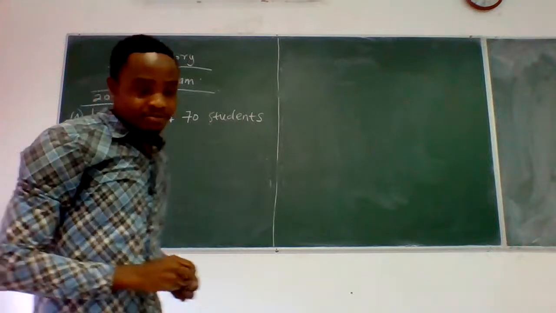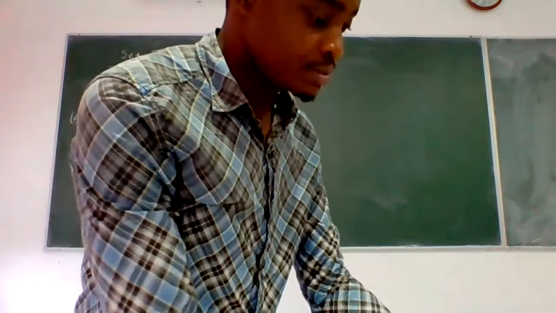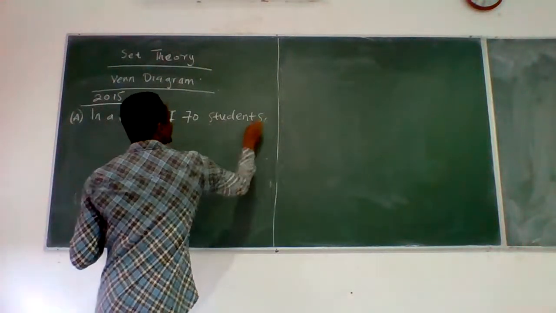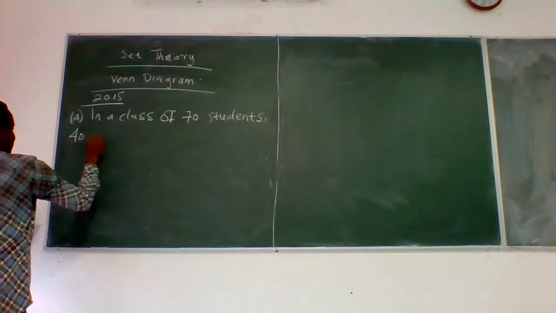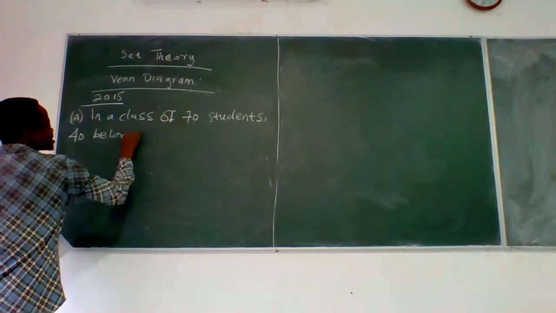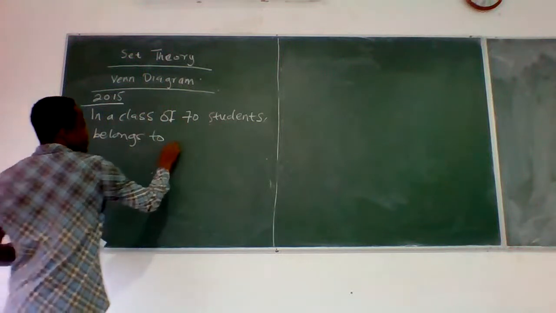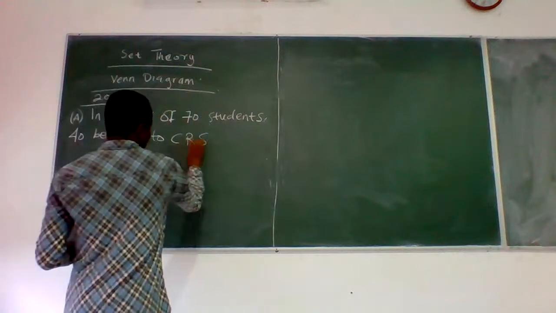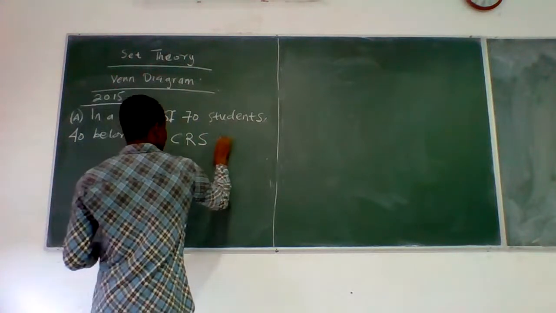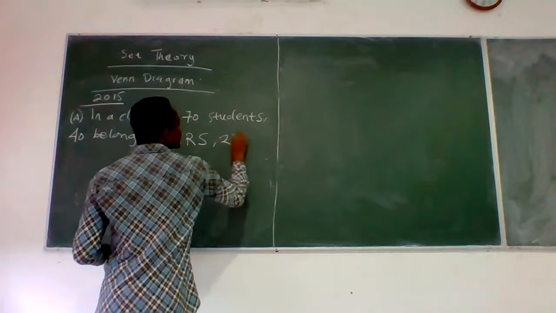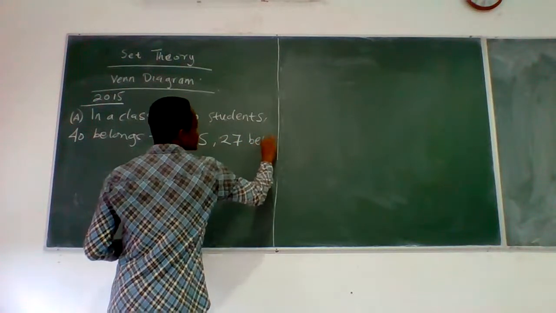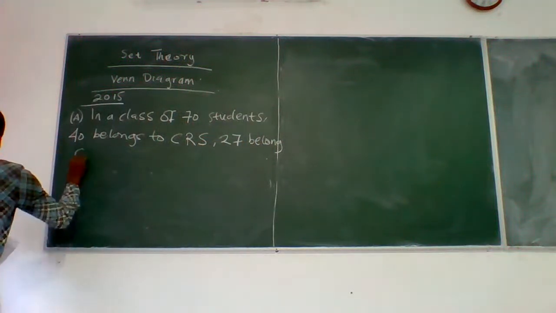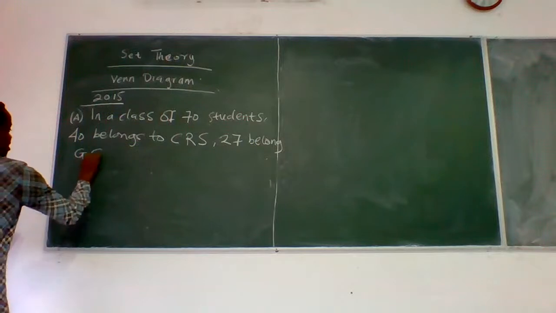In a class of 70 students, 40 belong to the Red Cross Society, and 27 belong to GGS.